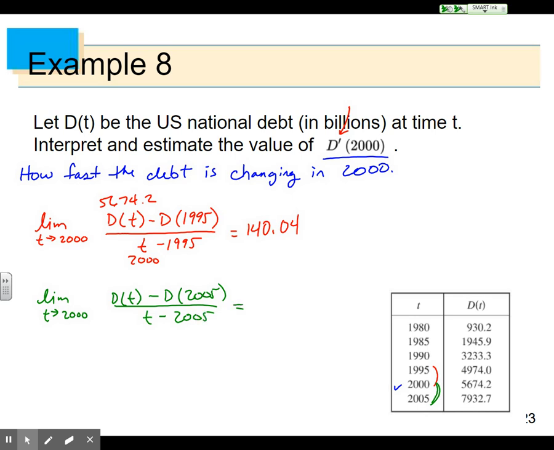So again, it's just an average rate of change. I'm just going to plug in what I got from this table. So that's going to be 5674.2 minus D of 2005, which is 7932.7, a big nasty number. If I divide that by negative 5, I get 451.7.